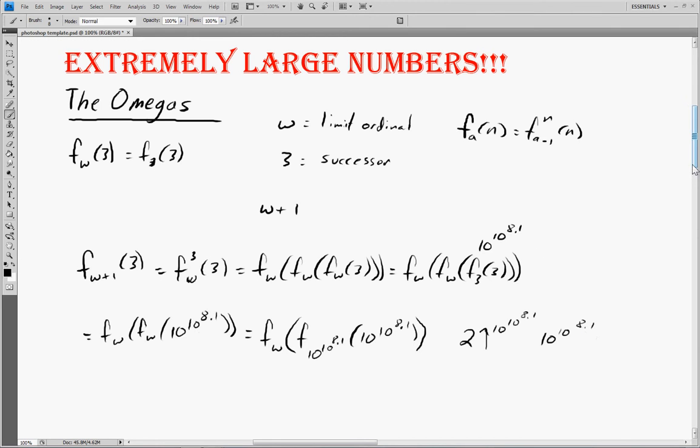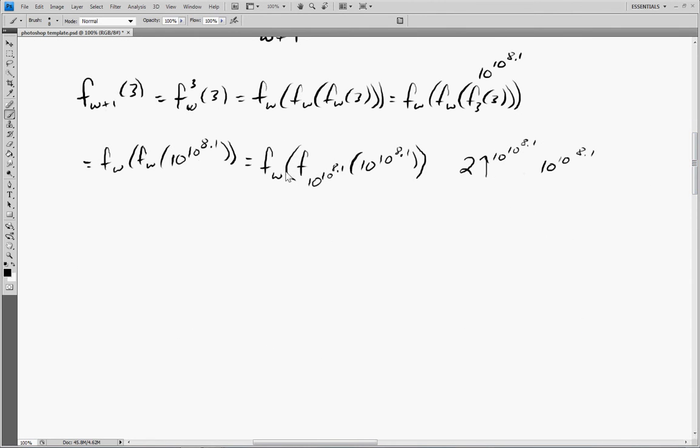And we still have one more to do too. We take this huge number here, and then we plug that one more time into here. So we end up with f omega of the 2 up arrow with this many up arrows, 10 to the 10 to the 8.1.